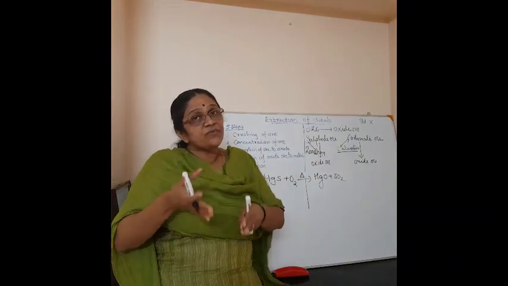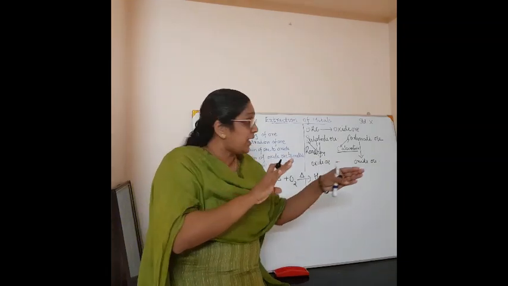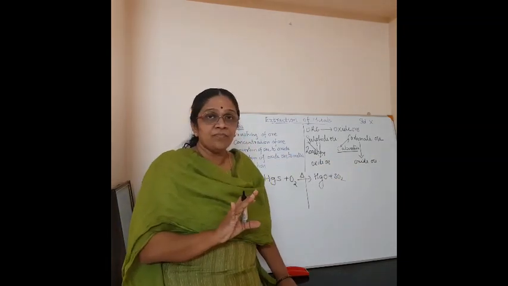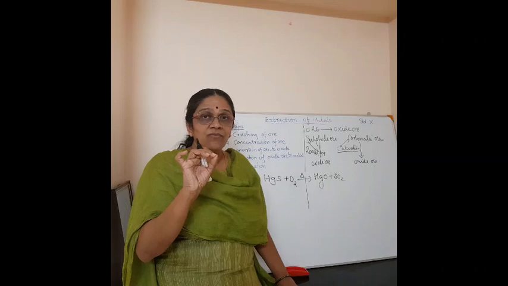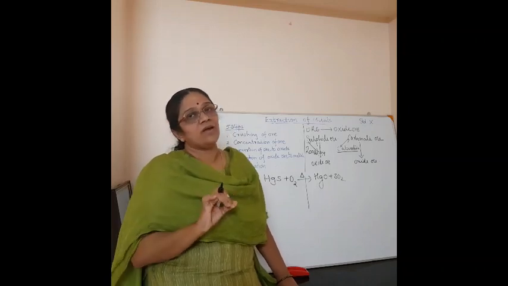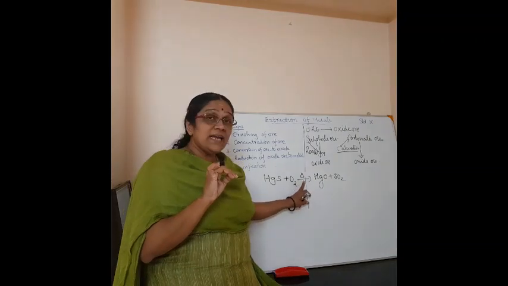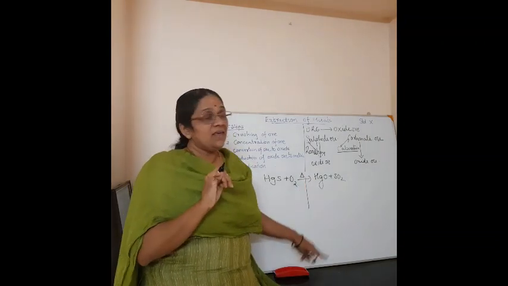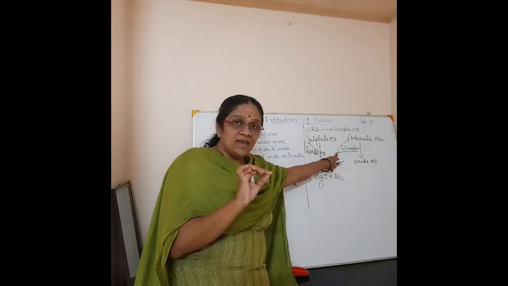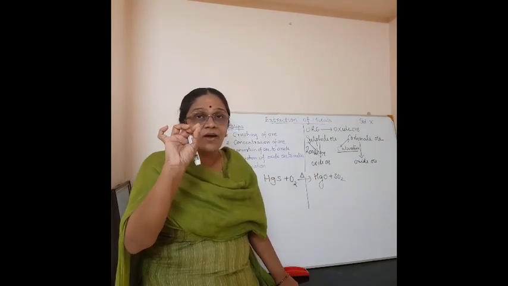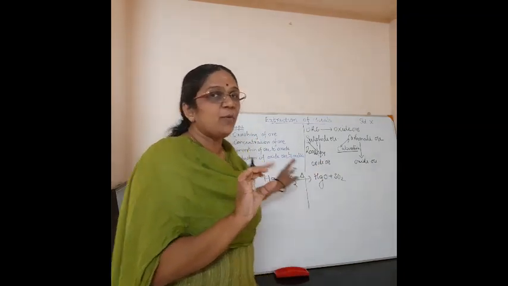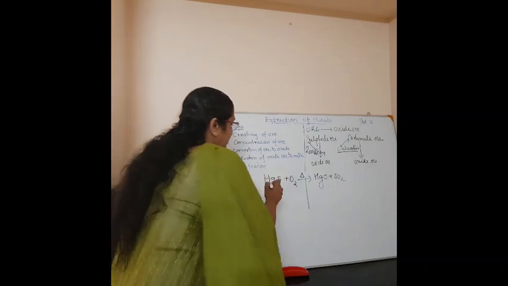So the conversion of a carbonate ore into an oxide ore in presence of less amount of air, that is the difference. This is strong heating in presence of air. This is also heating, but in limited supply of air. That is the value point. Limited supply of air.